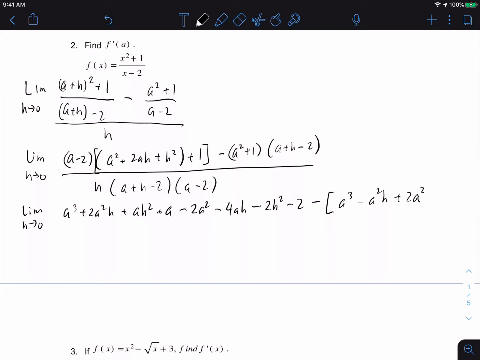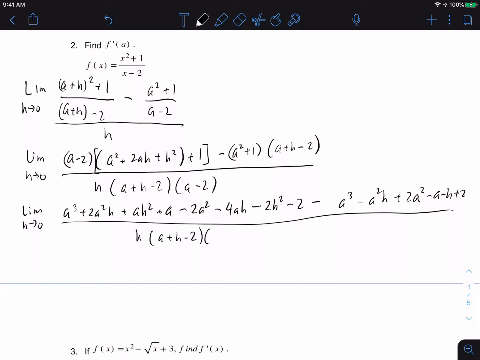Oh, I'm already changing the signs. I should be careful over here. If I want to do that, then that's minus. Do you guys agree with that? Yes. Okay.